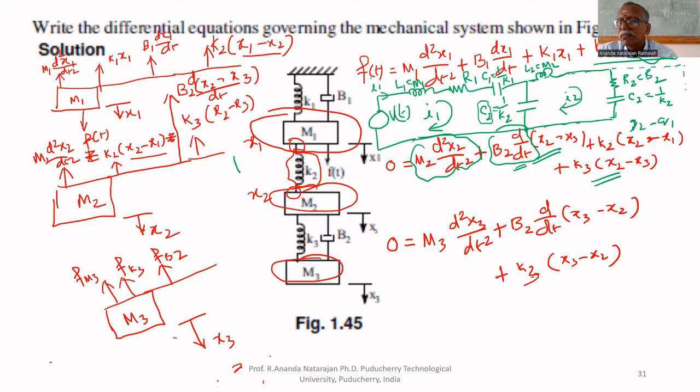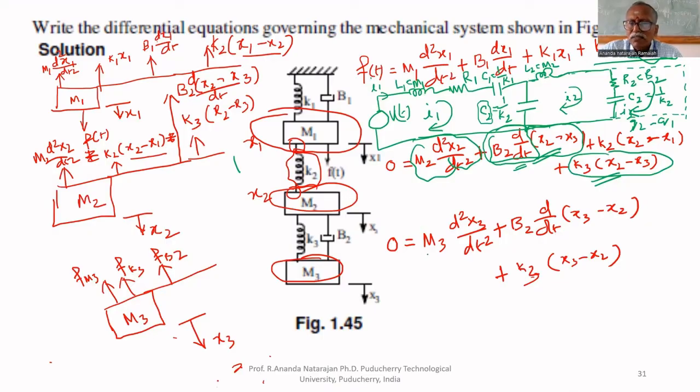The current through the third loop is I3. This comes under the third loop and the second loop, and this also comes under both.